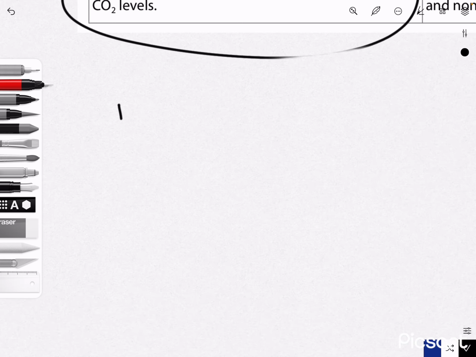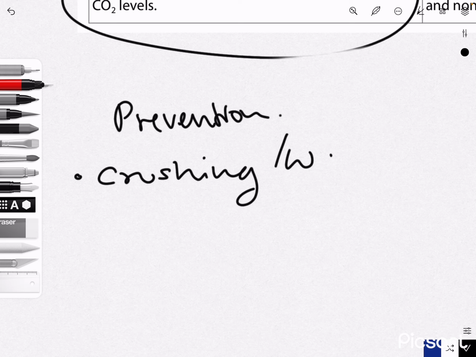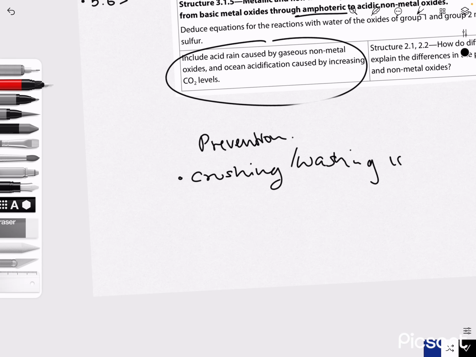So in terms of prevention of acid deposition, one example that you need to know would be crushing or just the washing of coal. And this is done to remove sulfur, specifically almost about 90% of the sulfur in it.